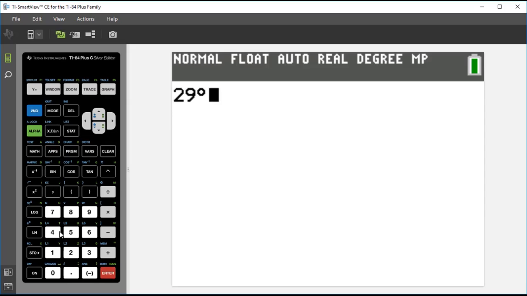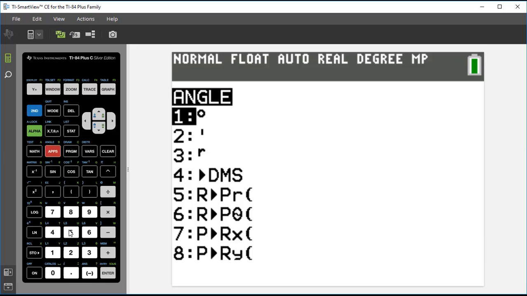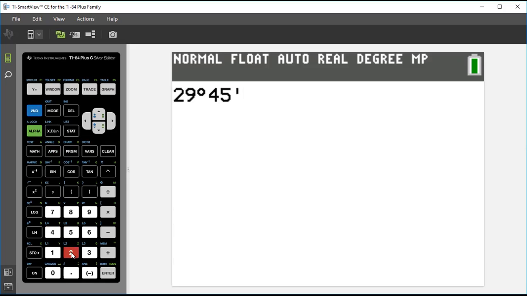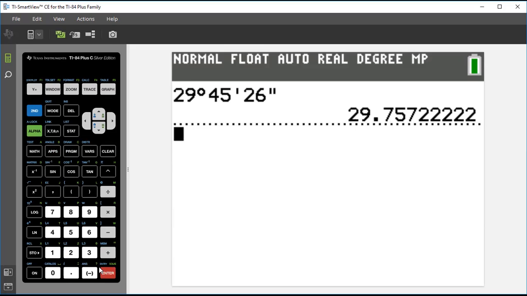And then I'm going to go 45 minutes. So 45 minutes, again, that is second apps. And then I need to grab 26 seconds. And where am I going to find seconds? You guys remember? Yep, alpha plus sign. Again, that is the weird one. And then hit enter.